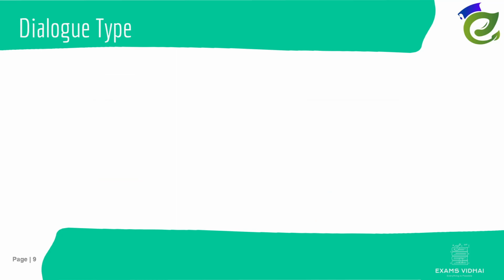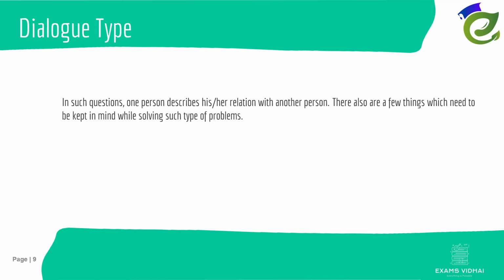Now, let us go through the various types of questions in blood relations one by one. We will start with dialogue type. In such questions, one person describes his or her relation with another person.